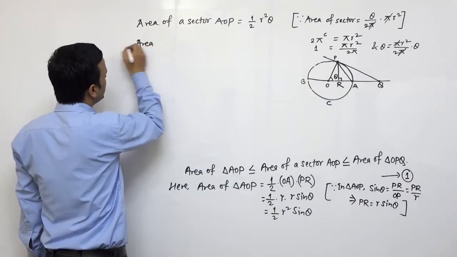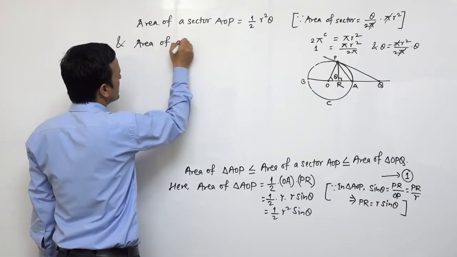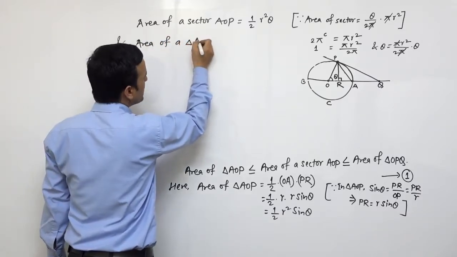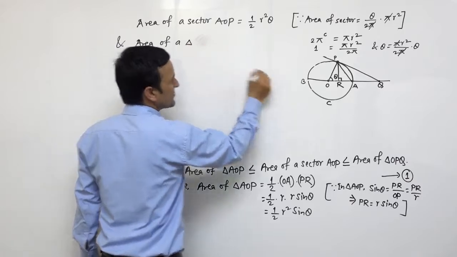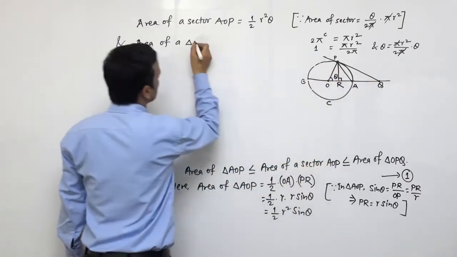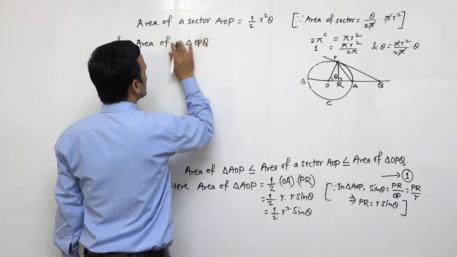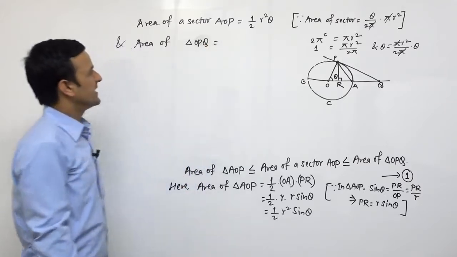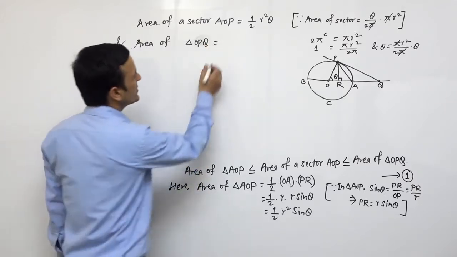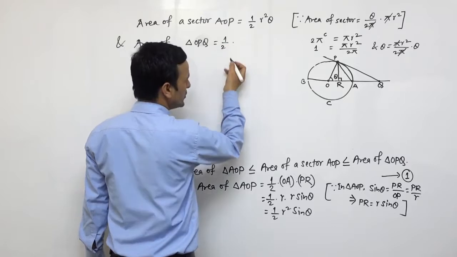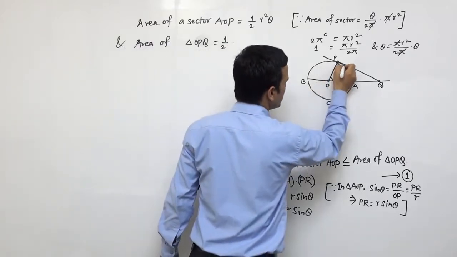Similarly, the area of a triangle OPQ. So this is the triangle OPQ, the largest triangle, and this is the area of triangle OPQ. It is also half into base into height.